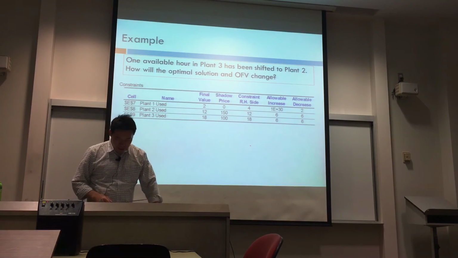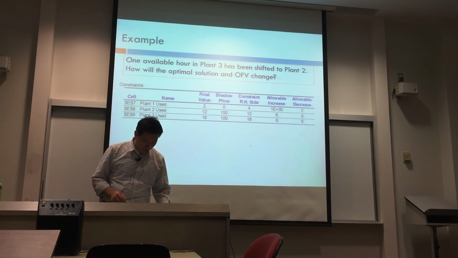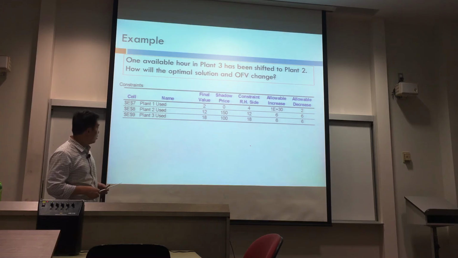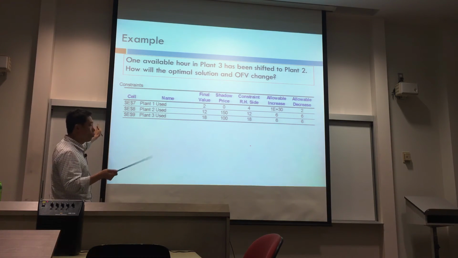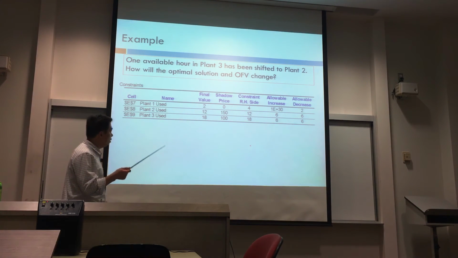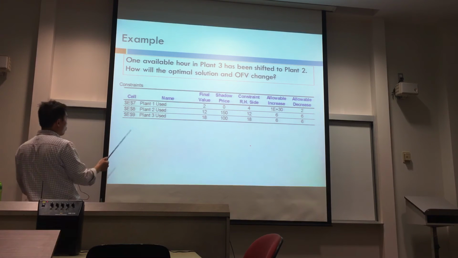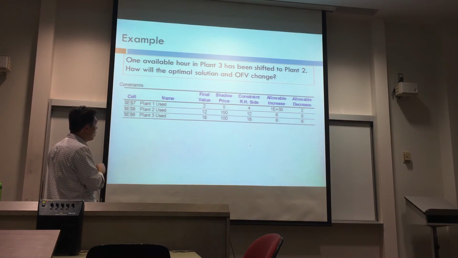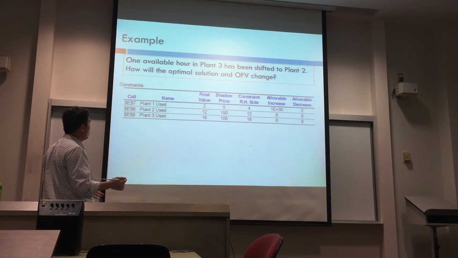So let's look at examples. Look at the report. We basically have 3 plants, and we have constraints. And now we have changes. Suppose one available hour in plant 3 has been shifted to plant number 2.